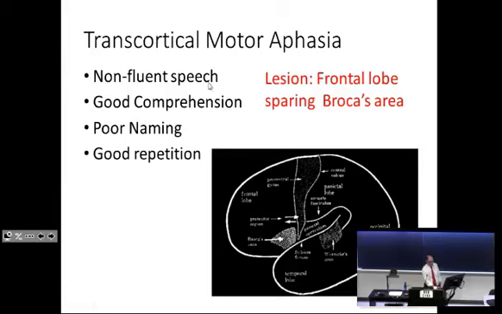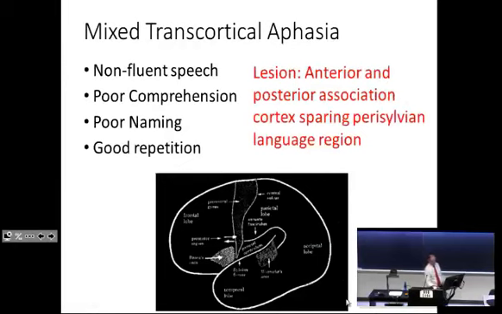They have non-fluent speech, good comprehension, poor naming, and good repetition. And the mixed have a lesion in both areas, here and here. And they're non-fluent, they don't understand, they don't name, they can repeat. You say, how are you? They'll say, how are you? But they won't understand. So they'll repeat what you say.